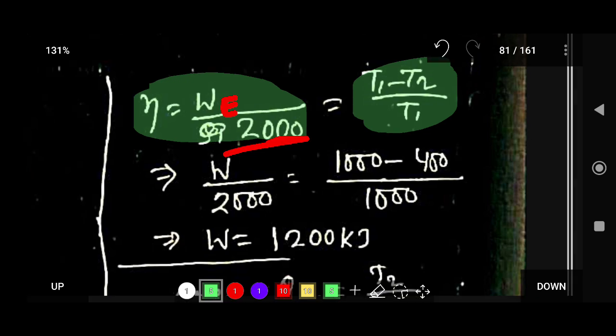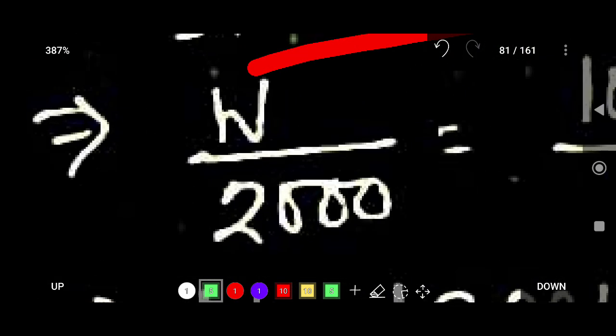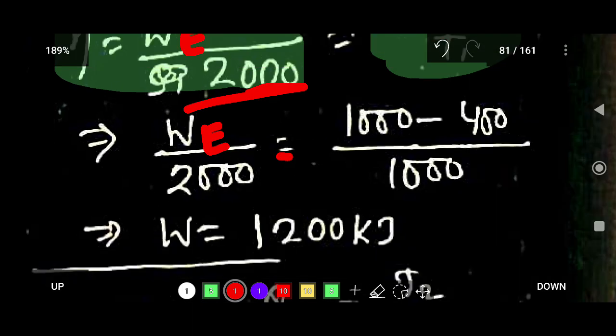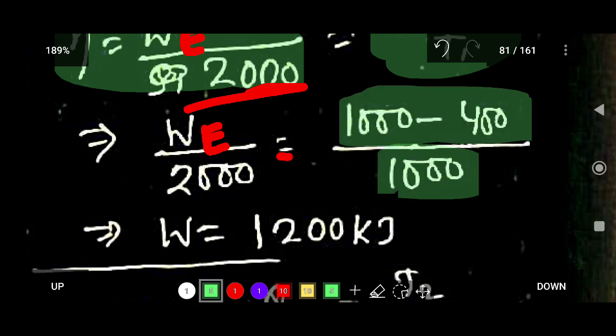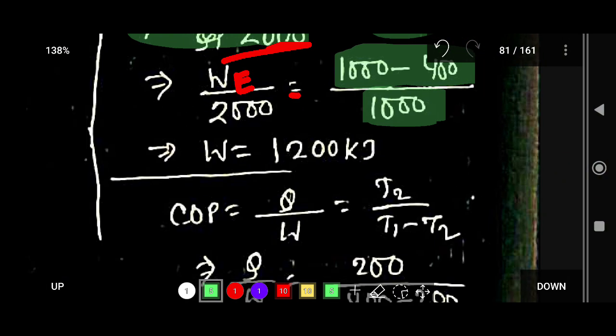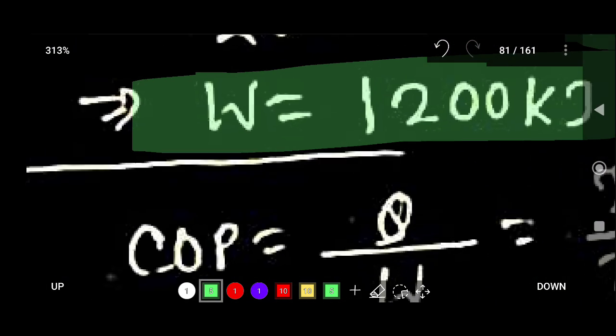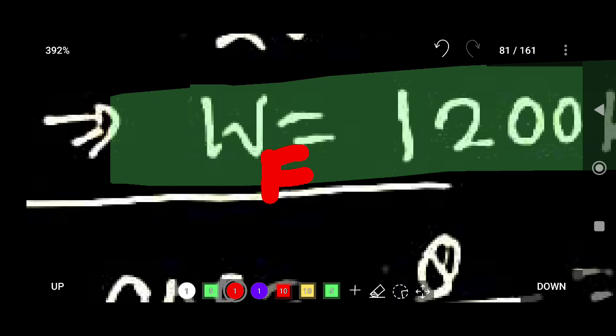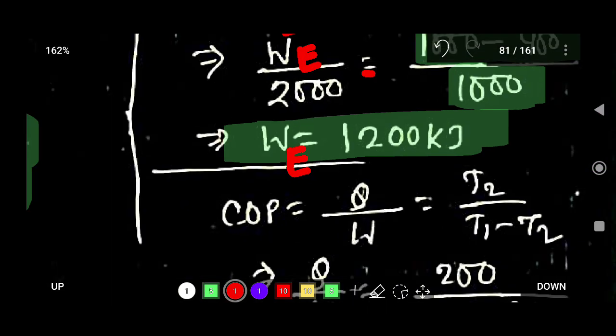So from here, WE by 2000 is equal to 1000 minus 400 by 1000. Just put the temperature values. From here you can get the WE value, that is equal to 1200 kilojoule.